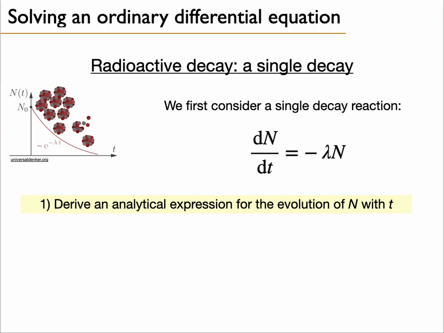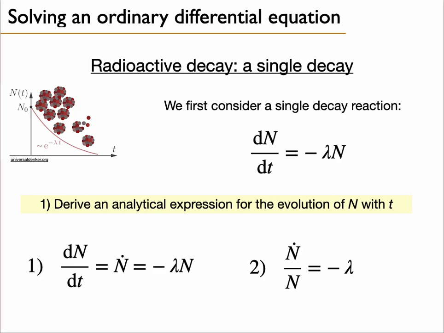So the first thing to do, let's derive an analytical solution for n with t. That's a fairly simple equation. We can try to find an analytical expression. There are several steps. First, let's relabel dn/dt as n dot. So dn/dt is equal to n dot, still equal to minus lambda n.